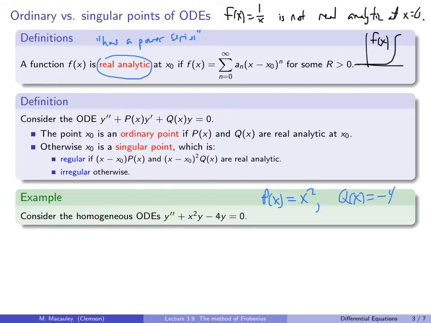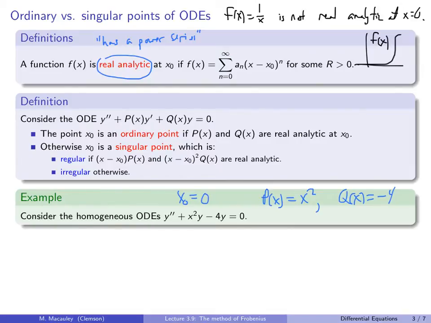And we're always going to take x naught equals 0 in this class. So both of these functions are analytic at 0. They're defined at 0. You can just plug in 0. They work. So these things are analytic at 0.